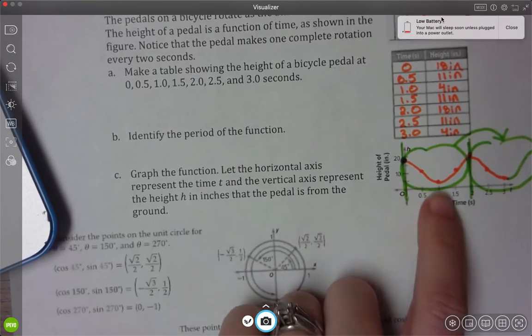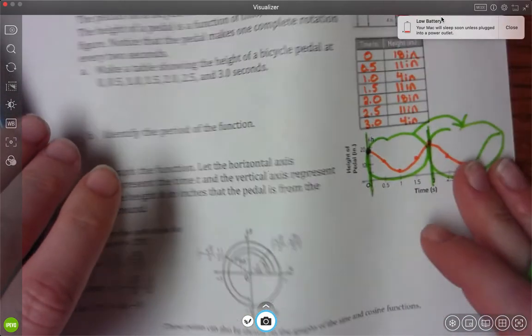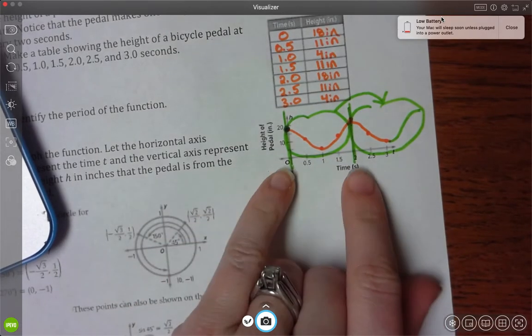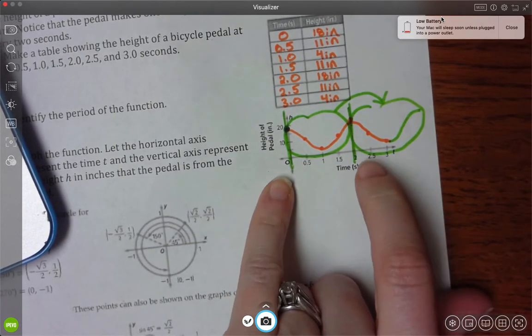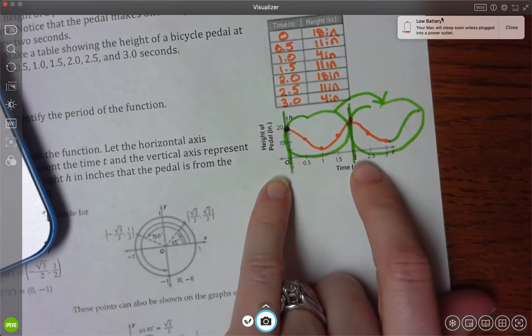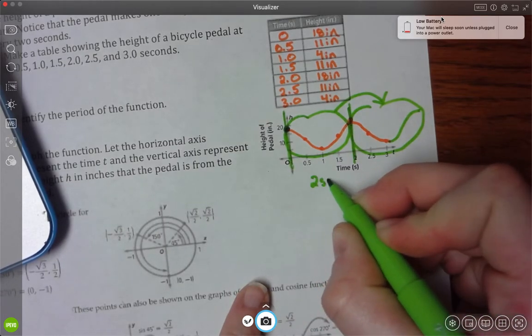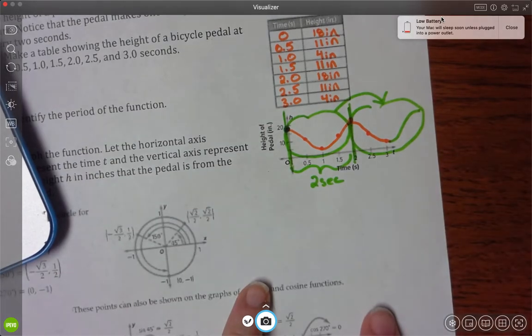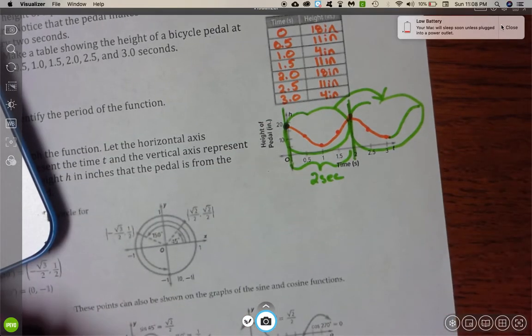This section is the same as that one. So the period marks how long that is. How long is it from 0 to 2? From 0 to 2 is going to be 2 seconds. That's what my period is going to be. That's just what they're asking. They're getting us used to periodic functions.